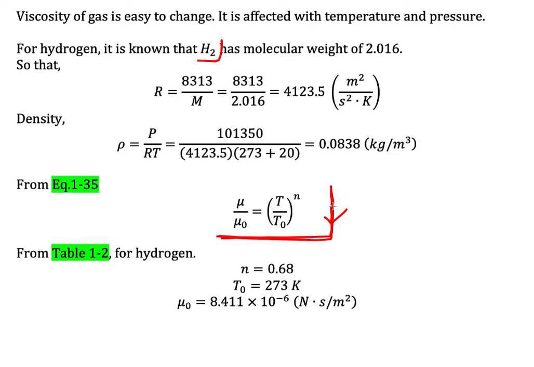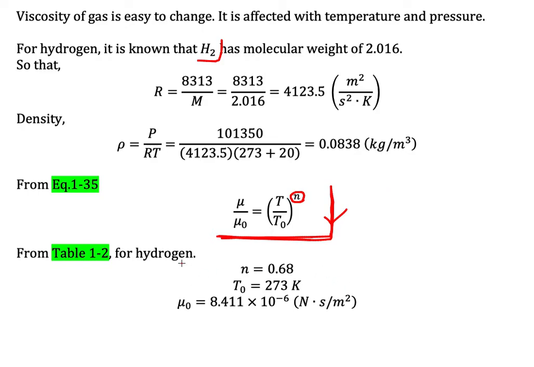They determined that the relation between mu over mu naught has a similar trend with T over T naught with a certain value of n. The value of n is given by a table, a fixed number, from the curve fitting of previous researchers.